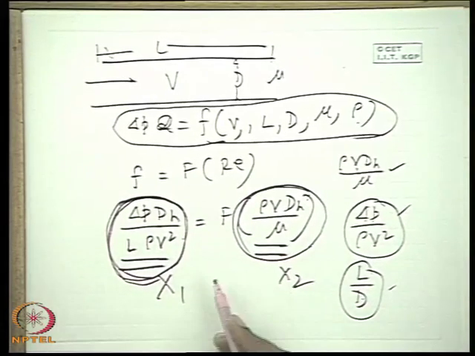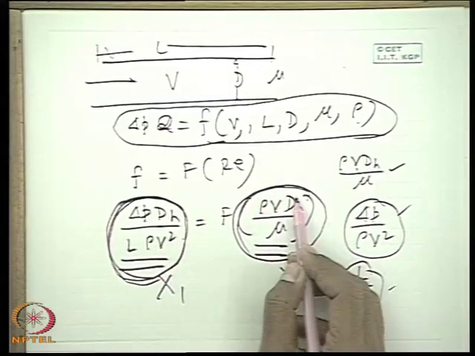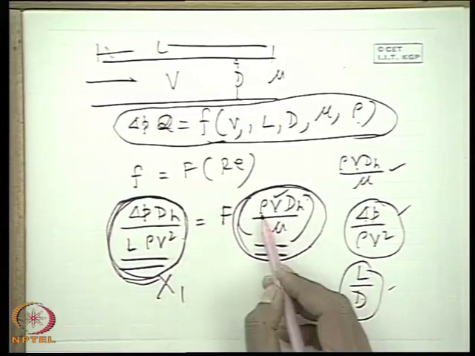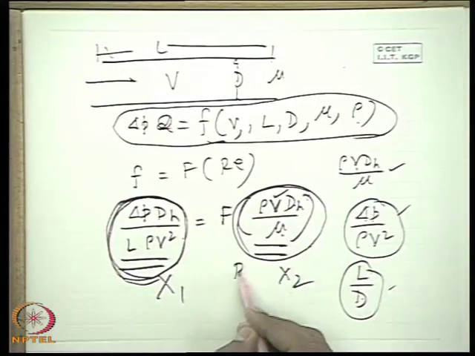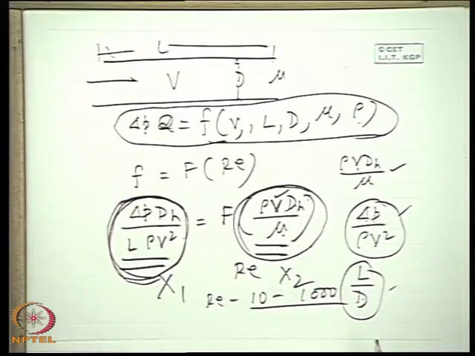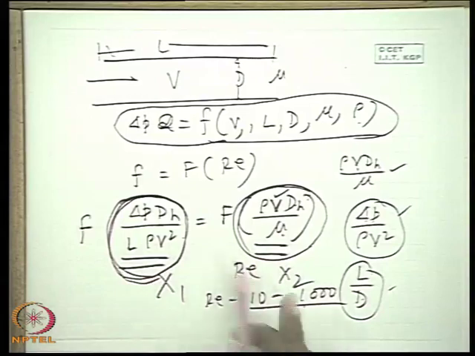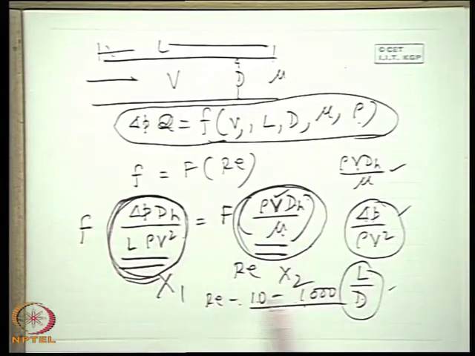This is because if the only independent variable is this group, then we can vary any one of these and predict the variation of the other parameters. For example, by varying V, we can cover a range of RE, for example RE from 10 to 1000. And we can predict the friction factor as a function of this RE by a single curve and by a limited number of experiments, only varying V from 10 to 1000.